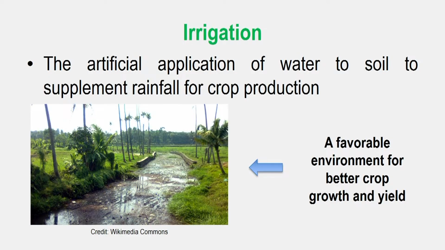For this reason, we artificially apply water to the soil. This artificial application of water is called irrigation, and it can supplement the rainfall for crop production, and it can create a better, more favorable environment for crop growth as well as yield.